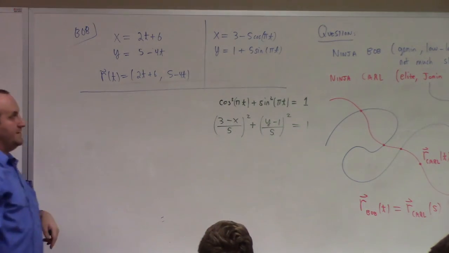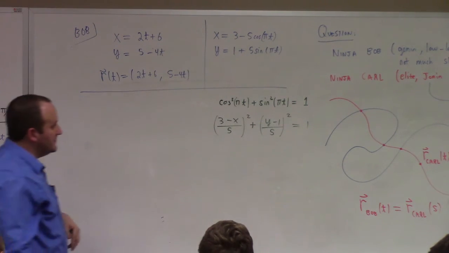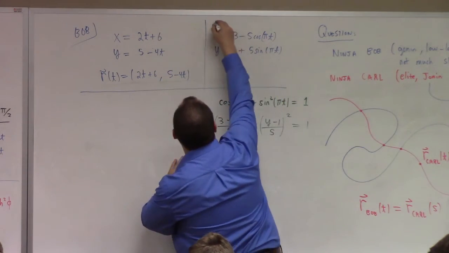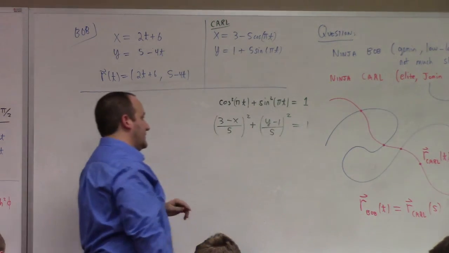So there, I've eliminated time for Carl's equations. So this is the Cartesian equation of Carl's trajectory.